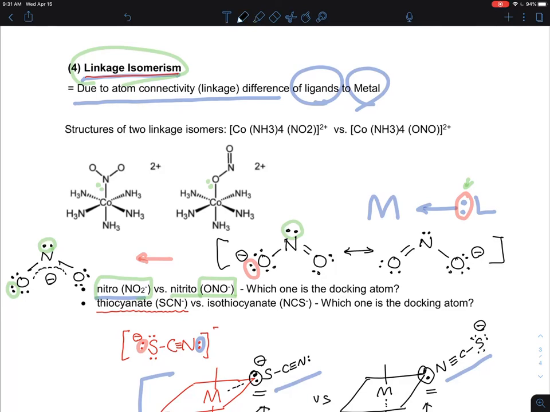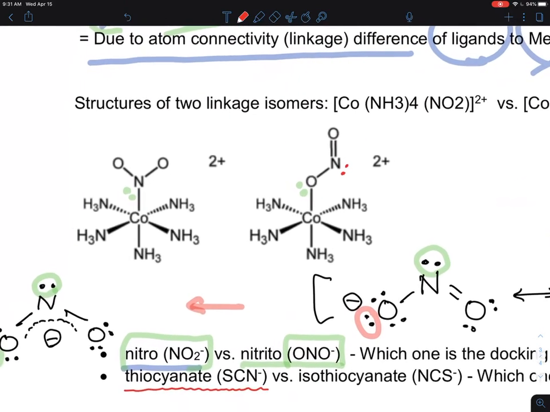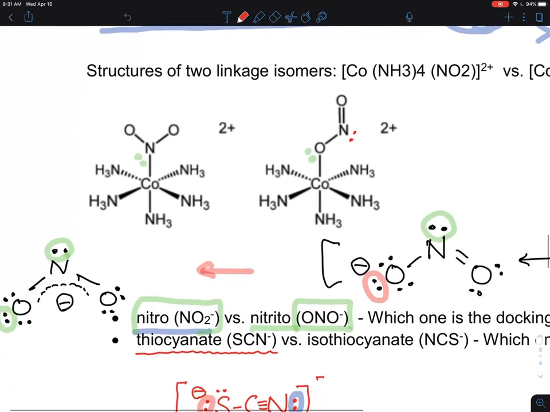If I finish up, there are two lone pairs in here, right? And this is the same one, nitrogen and two oxygens, with lone pair electrons also available. But what they choose is that this is the one making a coordination, and this is an oxygen making a coordination, because that's the one that is really docking, right?